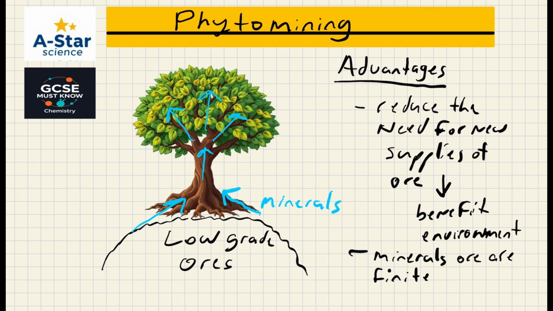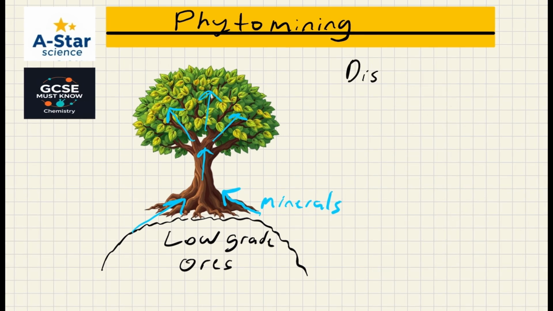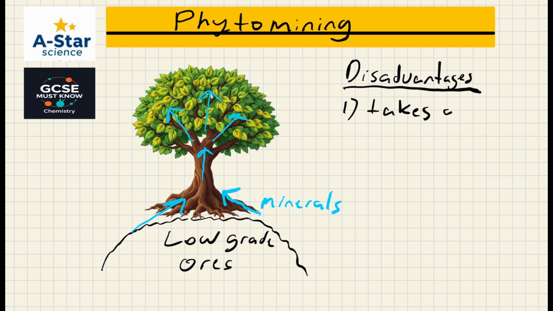There are also disadvantages that we need to consider as well. So what are the disadvantages of this particular process of phytomining? The first one we mentioned already is that it takes a long time. And of course, we know in business, time is money. So it takes a long time, and that means it's going to be quite a long time until the companies can actually get some profit from extracting those particular metals.